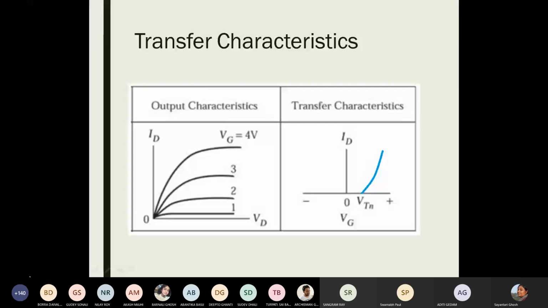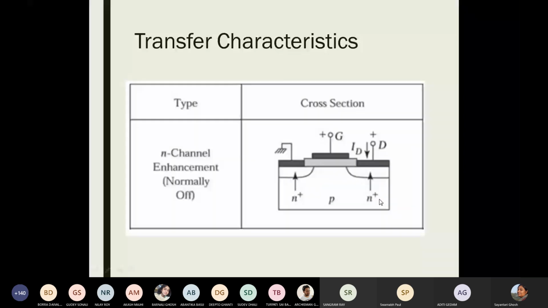Instead of having a curve like this in the second quadrant, what we have here is in the first quadrant. Why? Because here the G terminal was at positive potential, so VGS was positive. That is the first difference.